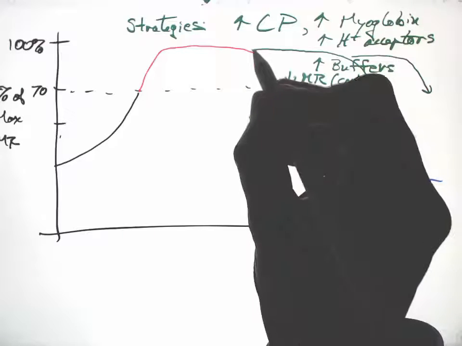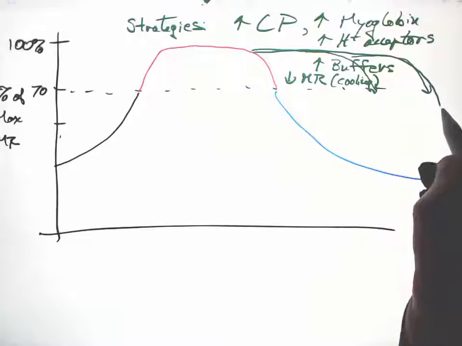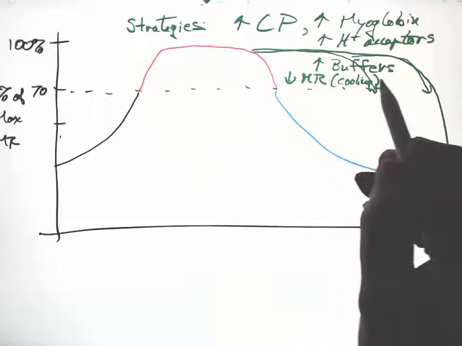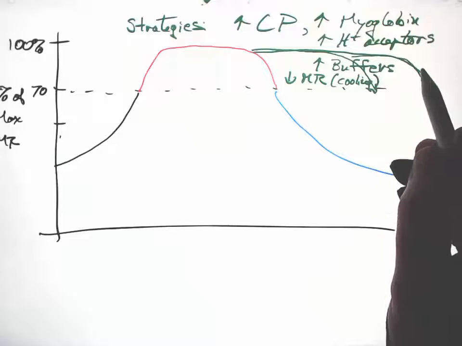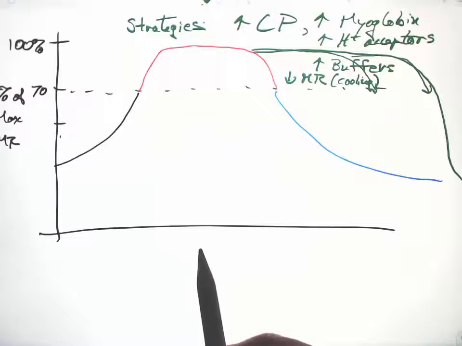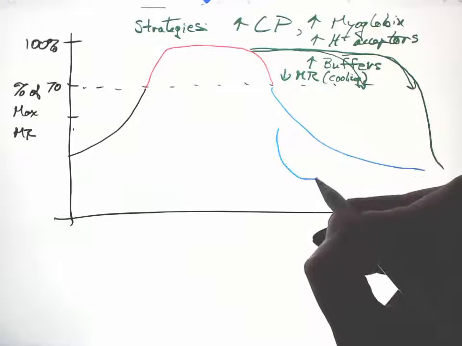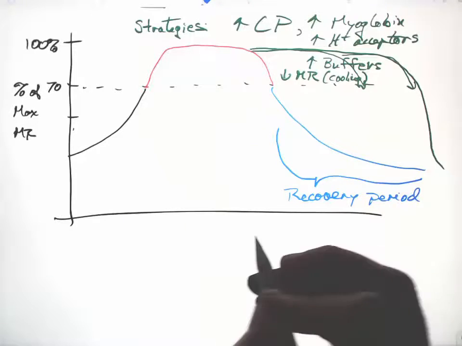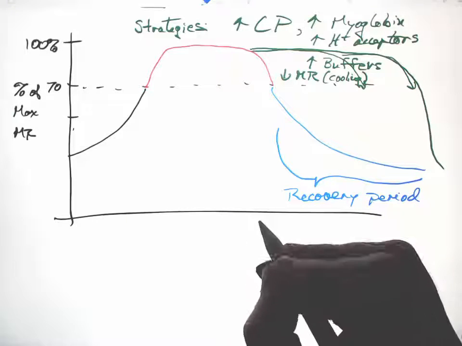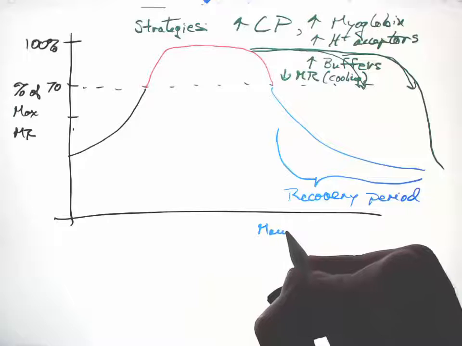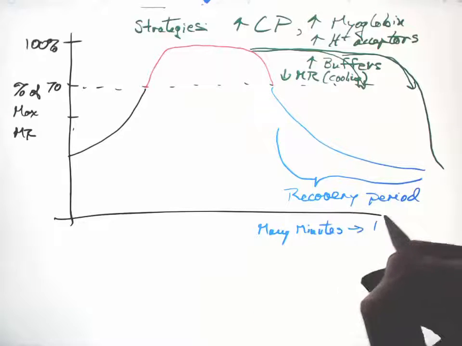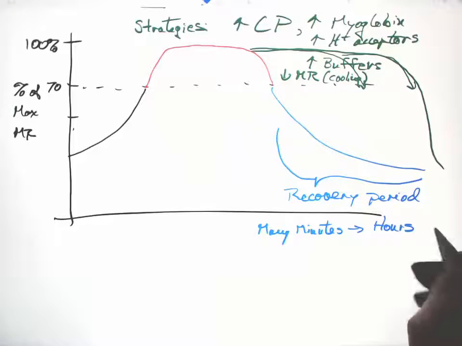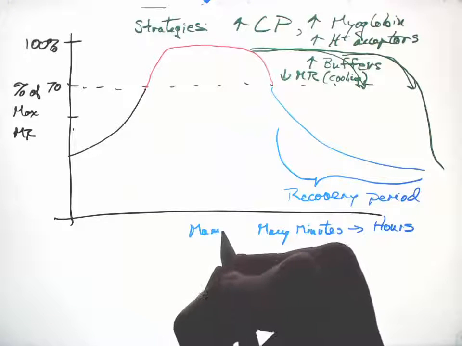So multiple strategies will stretch this period out, allowing an oxygen debt to accumulate for longer and sometimes allowing recovery quickly. How long is this recovery period? As a human, you've experienced it lasting for many minutes to hours, and complete recovery can take even longer.